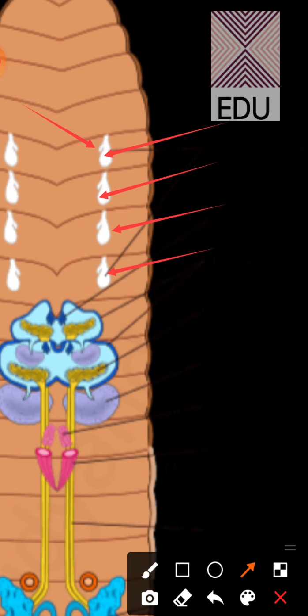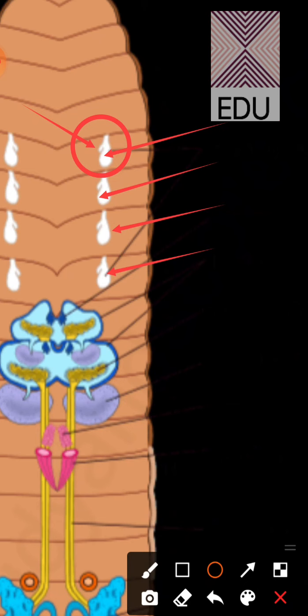So whenever this earthworm will receive sperms from the other one, these will be stored in the spermathecae. So this single bag is called a spermatheca. We have got 4 pairs of spermathecae, and where they open, they are the spermathecal pores. Those we have discussed in the morphology.